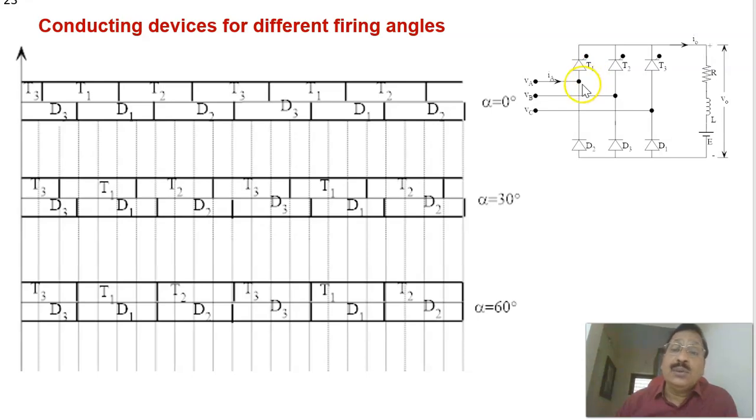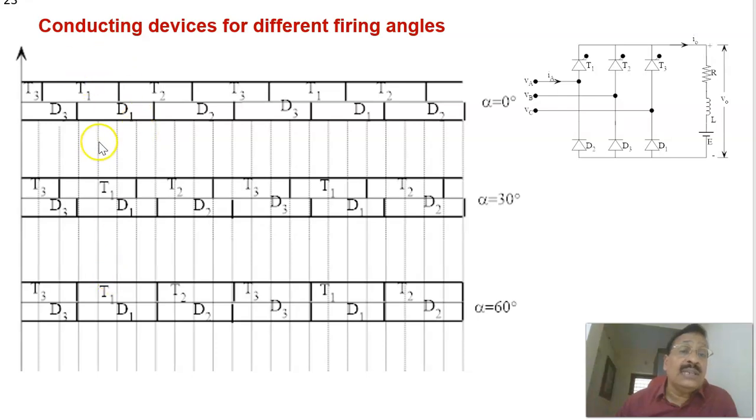If firing angle equal to 0, it is like this one: T1, T2, here again 120 degree, T3 again. But if there's a phase shift of 30 degree, T1 is now shifted to 30 degree here, and everything gets shifted. Again here 60 degree means again it is shifted by 30 degree. The thyristors T1, T2, T3 are shifted, but the diodes are not changing.